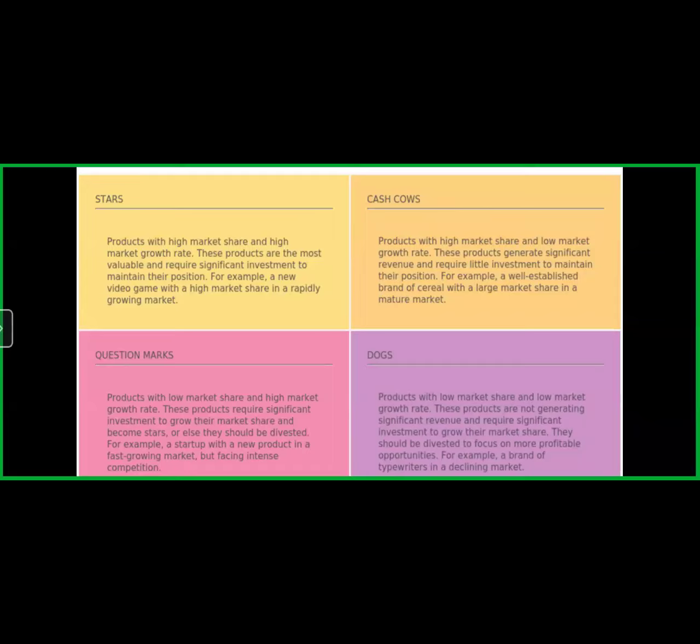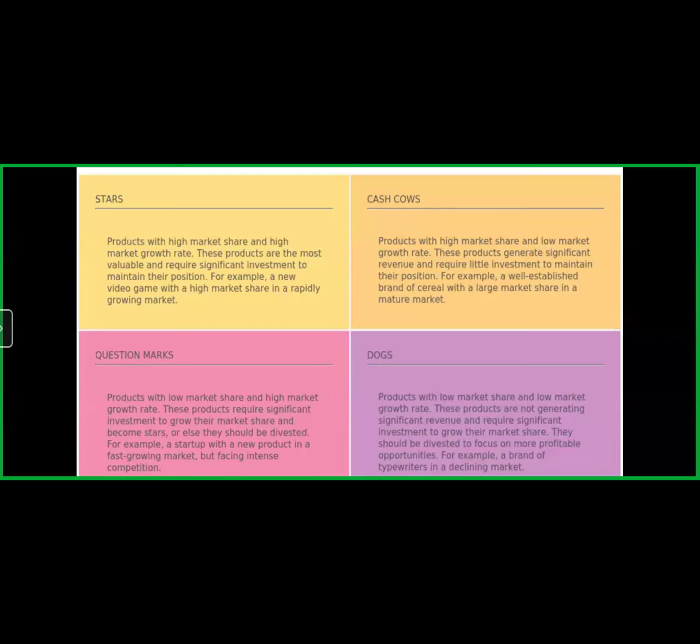Now, for stars, we have seen that the market has enormous potential for growth. For cash cows, right now the company is enjoying a great market share, but at the same time the growth of that particular sector as a whole is not going to be much in future.